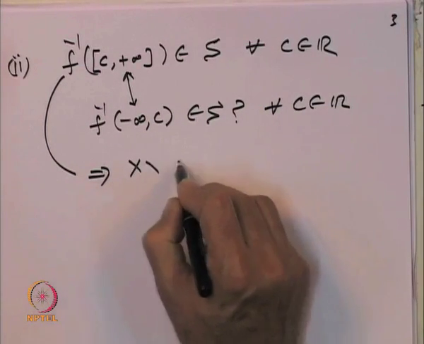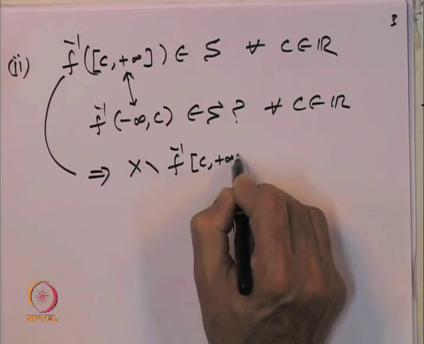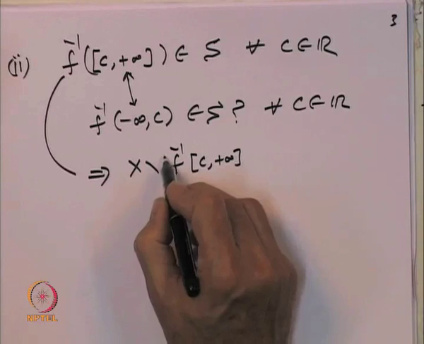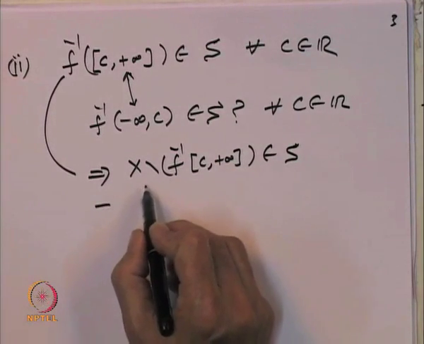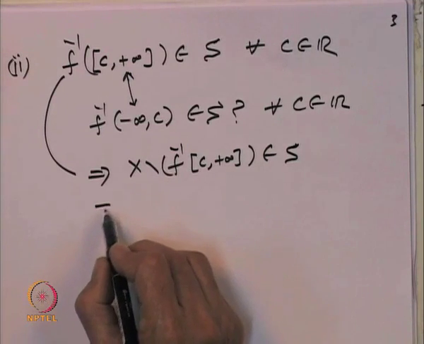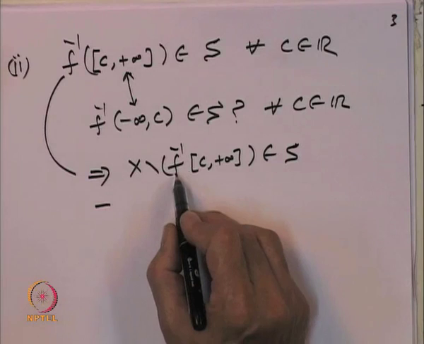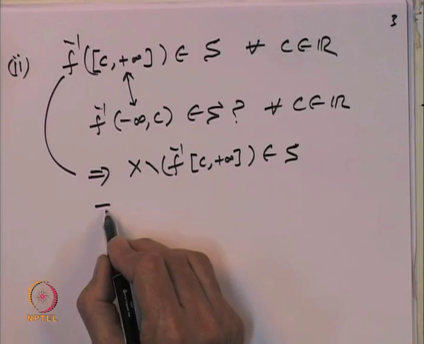X minus f inverse of c to plus infinity also belongs to S. Here is a small observation: the complement of the inverse image is nothing but the inverse image of the complement.